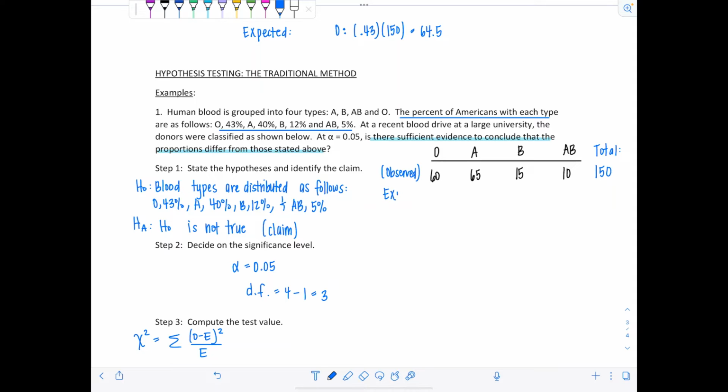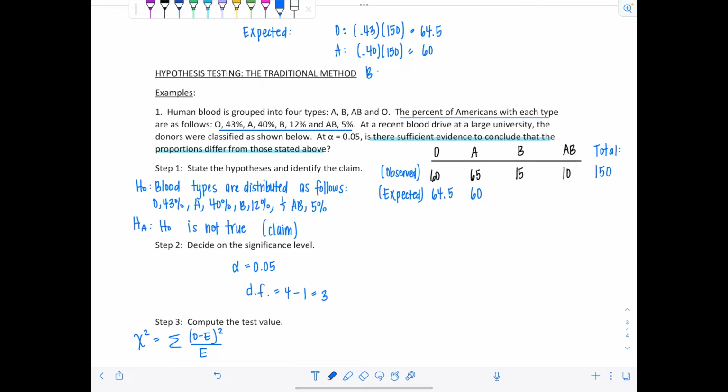So what I would expect is for 64.5 people to have type O blood in that sample of 150. A would be what was the percentage? 0.40, yes, times 150. So that's equal to 60. I would assume I would have 60 people with type A blood in that sample at the blood drive.